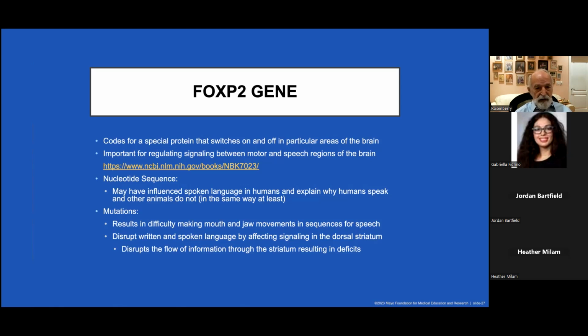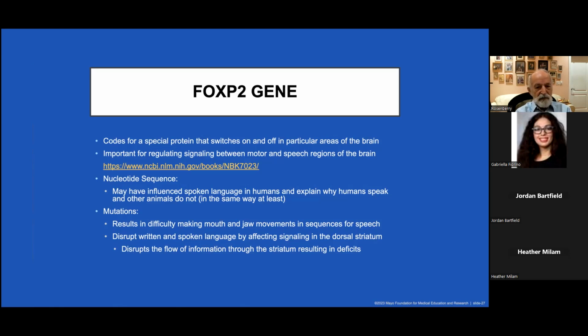The FOXP2 gene is known to have a nucleotide sequence, and if it's mutated in that sequence, the full regulatory functions of the FOXP2 gene don't work, and you end up with difficulty making mouth and jaw movements in sequences for speech, disrupting written and spoken language by affecting signaling in the dorsal striatum, and disrupting the flow of information through the striatum, resulting in deficits.